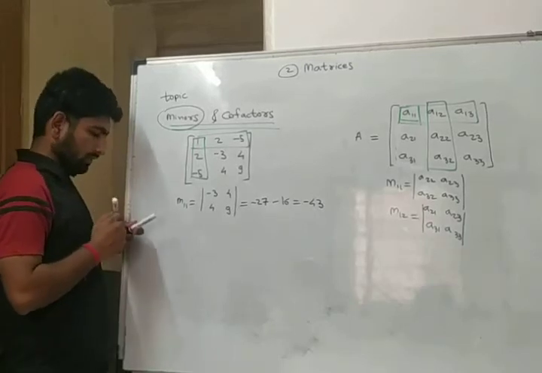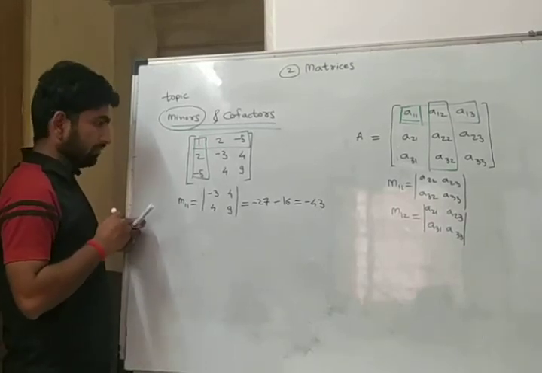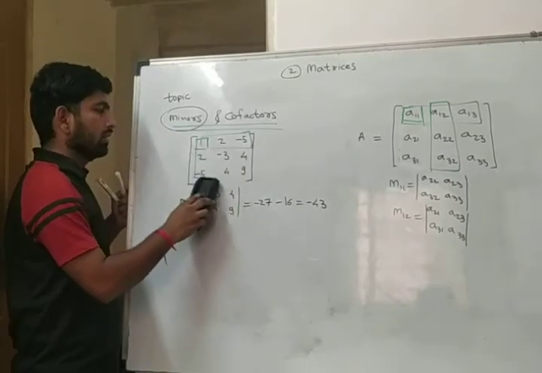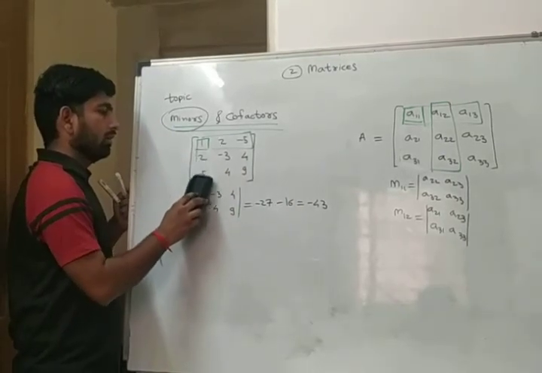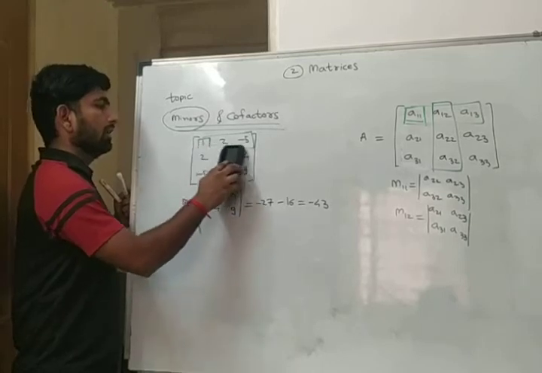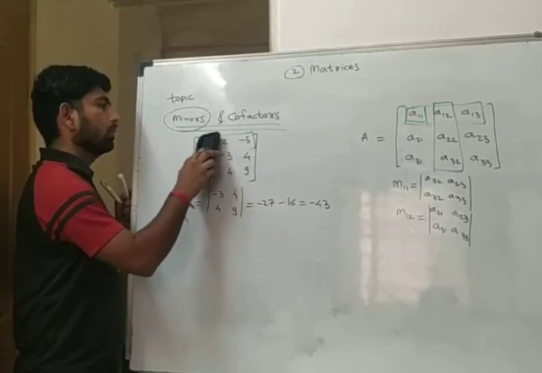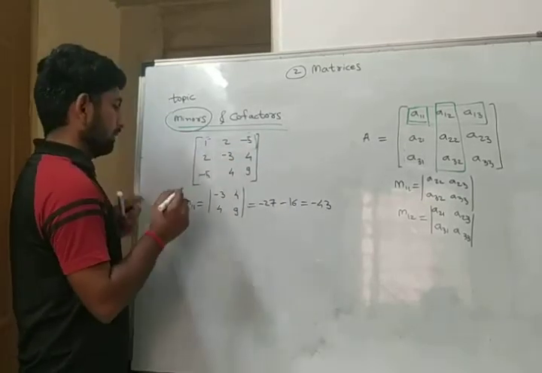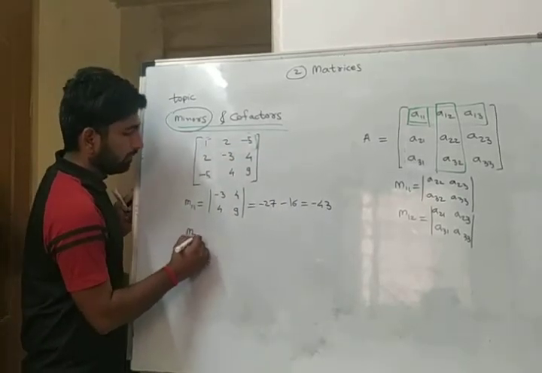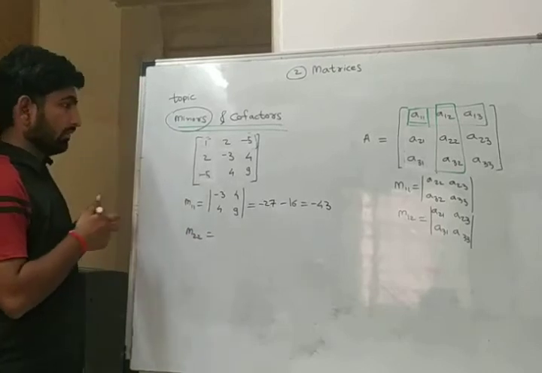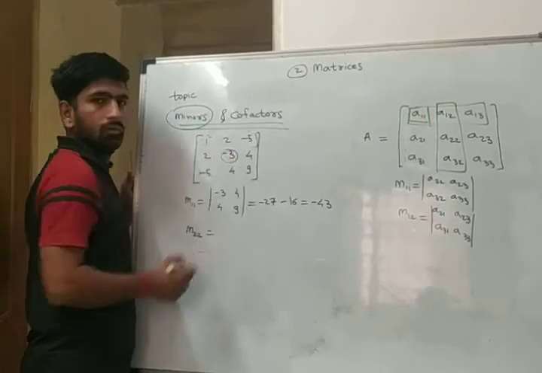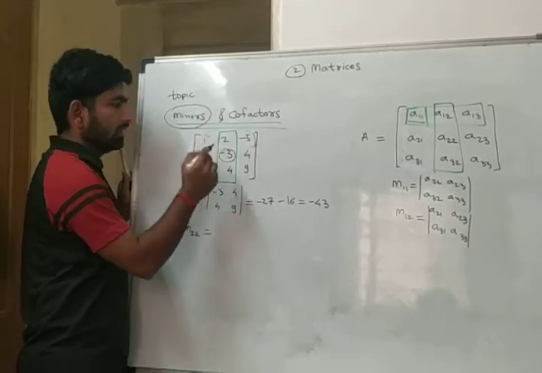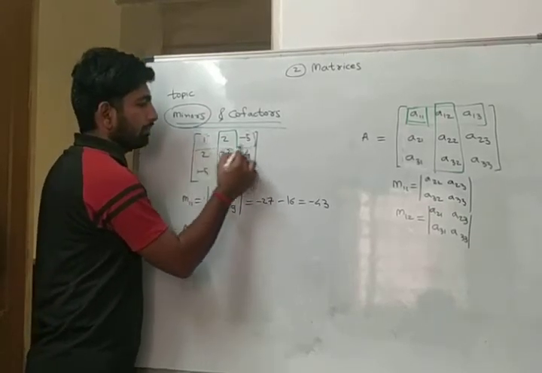Now for the second position, if we select a different position, here we select the second row, and any element in the second row selected randomly. We are taking the minor for the central position. For this position we are hiding the second column and second row.